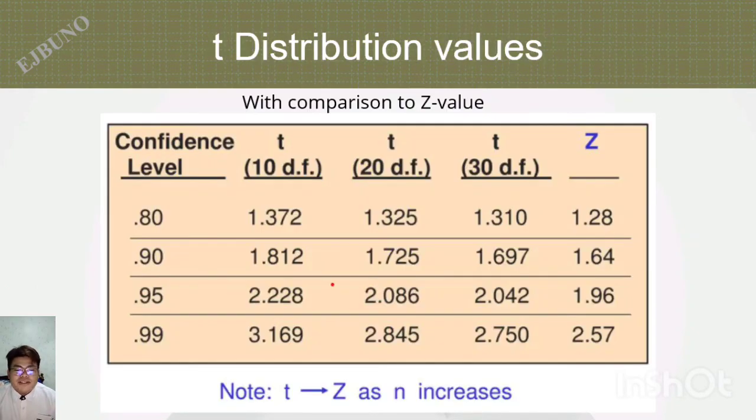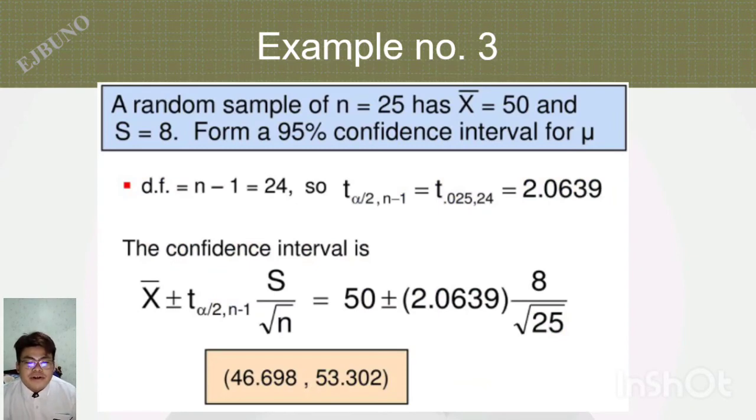In this table, which shows the t distribution values in comparison to the c value, we have the confidence level and the t values for 10 degrees of freedom, 20 degrees of freedom, and 30 degrees of freedom, with the corresponding c value.